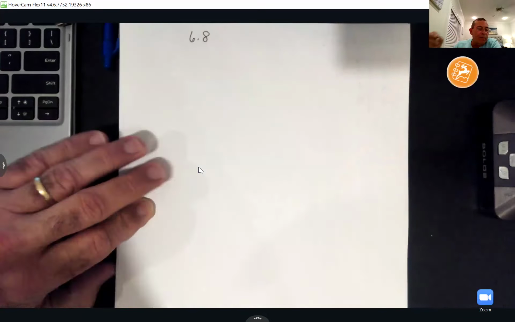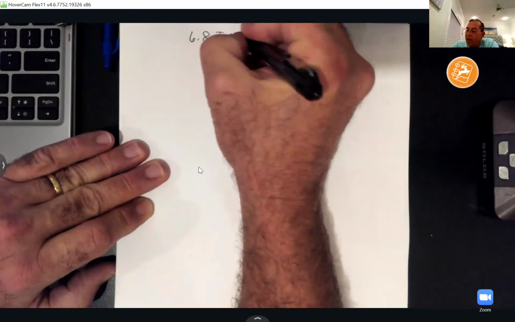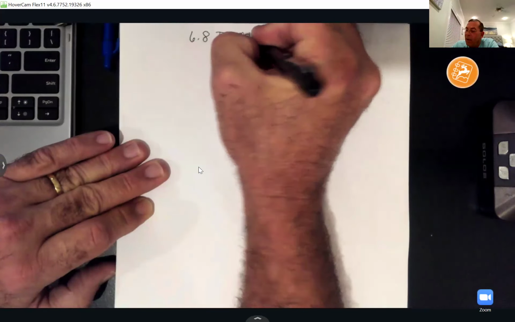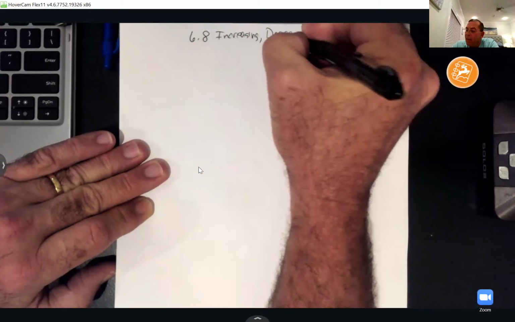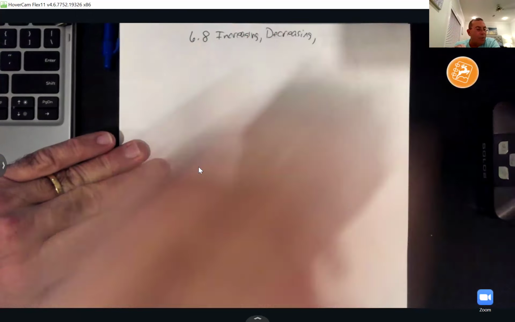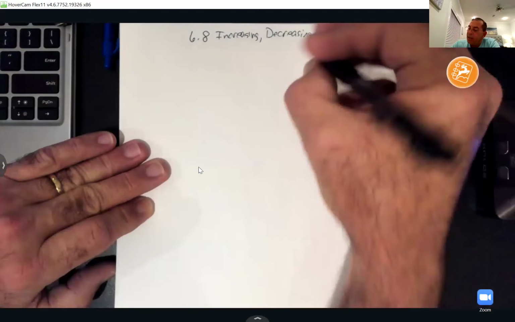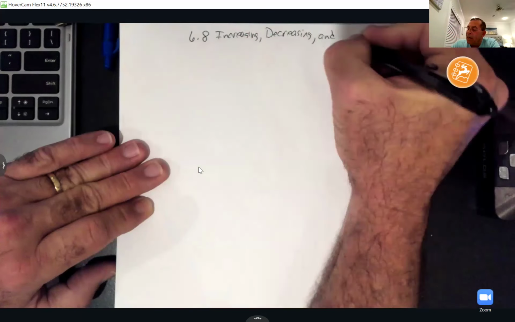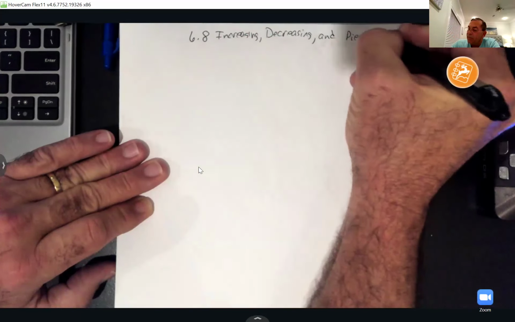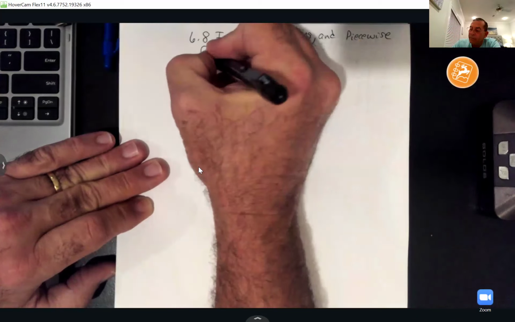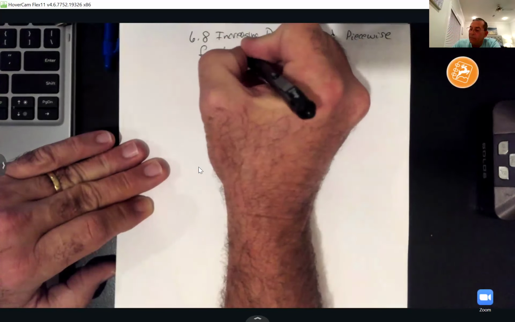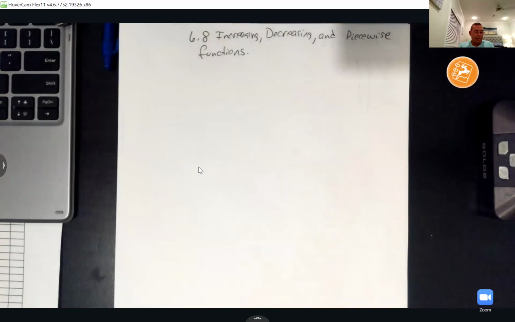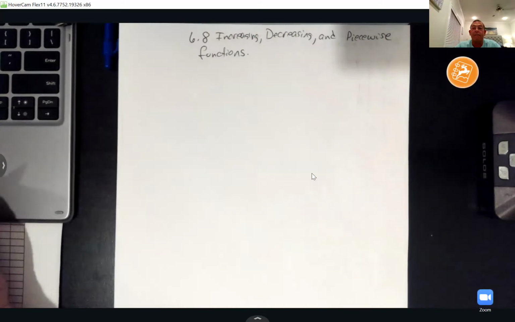And this deals with increasing, decreasing, which we've already done. But the new thing in this section is the piecewise functions. And y'all, this actually starts off with piecewise functions, okay?